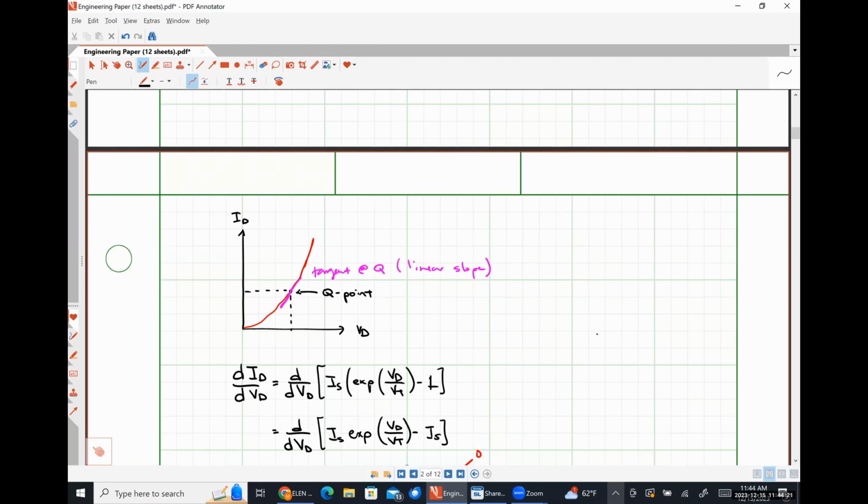So realistically, unless we're seeing very, very large supply ripples or something like that, we're always going to be operating somewhere in this region where the dynamic resistance is very, very small. Any load that we might be trying to connect to our voltage regulator is usually going to have a pretty large impedance. All right.